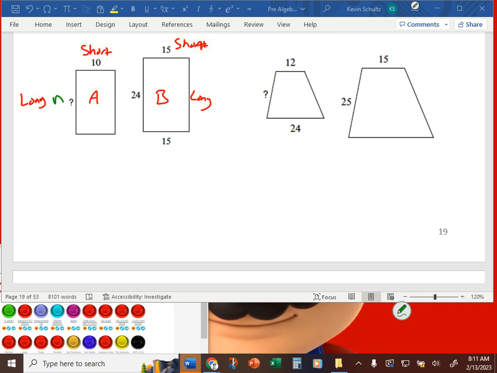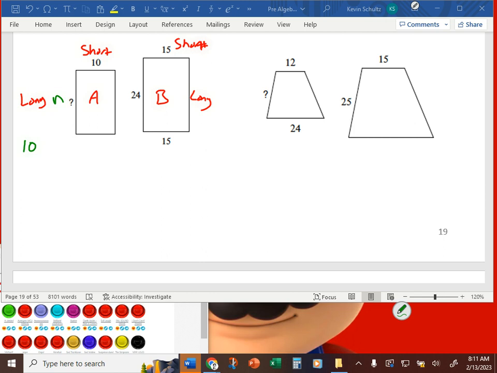Give me a potential first fraction here that we could use. For the first one. Yes? 10 over 15. So Anthony's going with short A over short B, right? Lining up those short sides vertically.